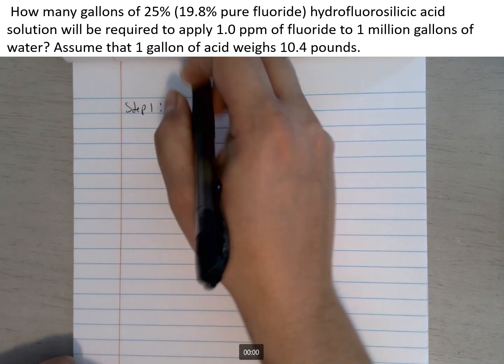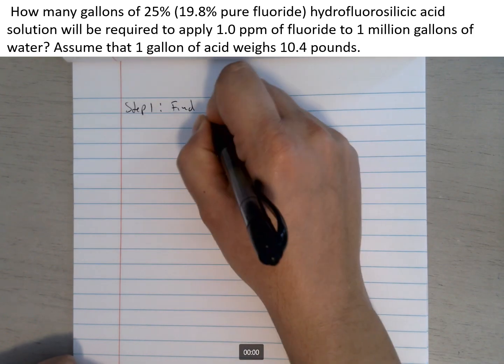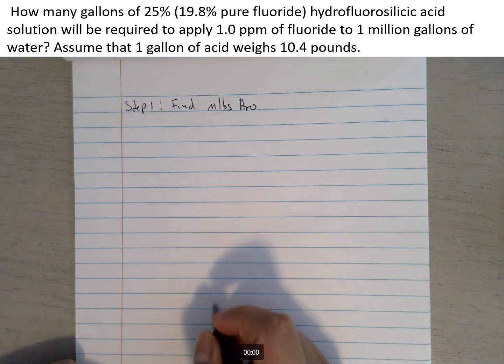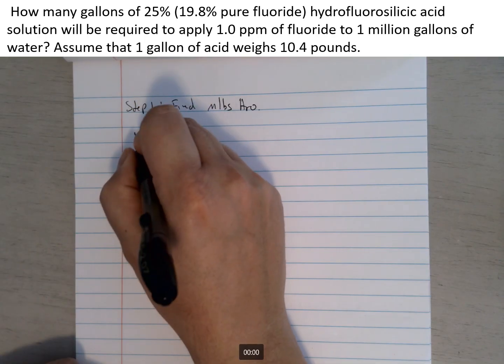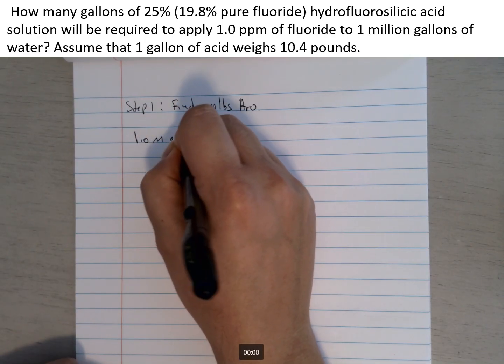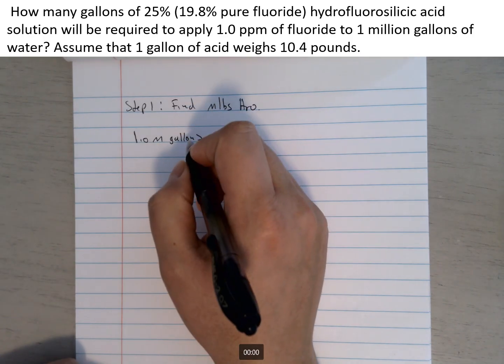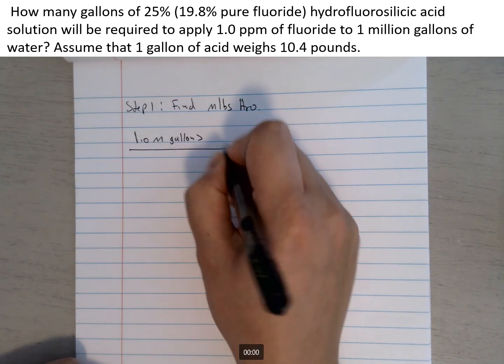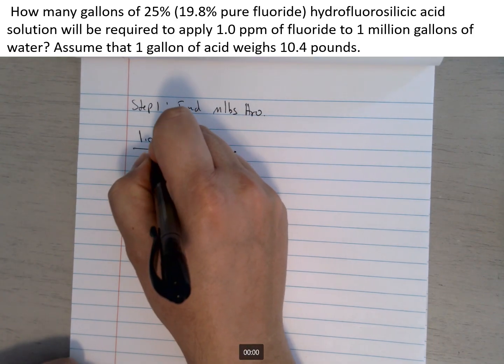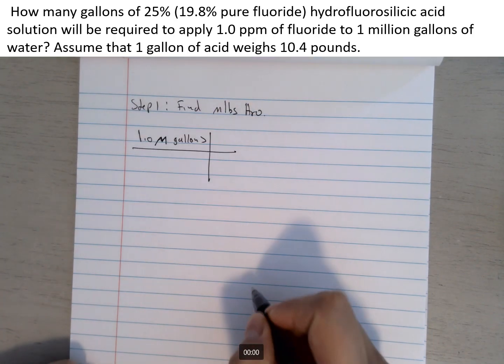So step 1, find your million pounds of water. The problem statement says 1 million gallons are processed, which can be denoted like this: 1 M gallons, 1 million gallons.